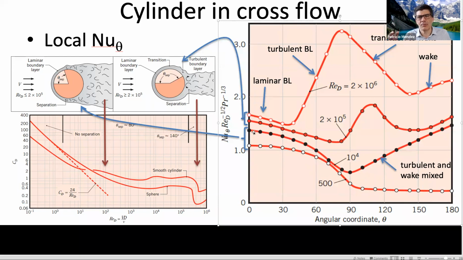If I increase my Reynolds number, I would still have a leading edge that is fairly high heat transfer, like when we are facing the wind. And as the wind comes around the cylinder, around our face, the heat transfer is lower and lower, so we would feel less and less cold. But in the back, the heat transfer stays low.